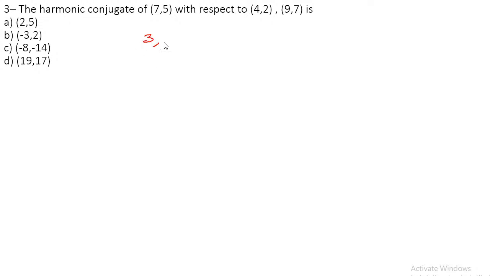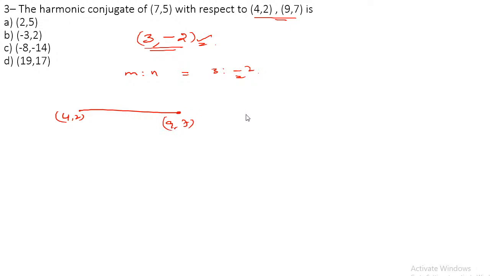So we got the ratio as 3:-2. The harmonic conjugate of (7, 5) divides the line segment joining (4, 2) and (9, 7) in the ratio 3:-2. So m:n is 3:-2, and we can find the coordinates easily.